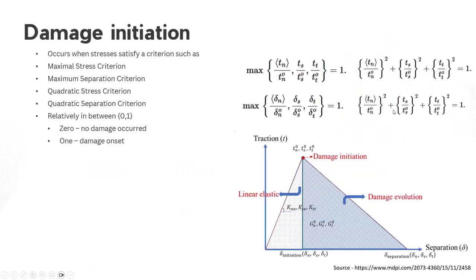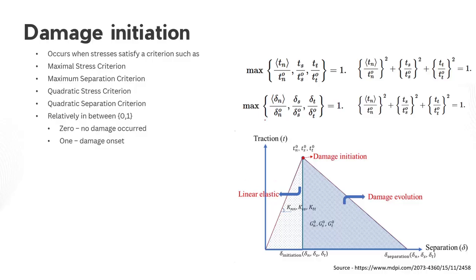So how do we identify that the damage will initiate? There are options or criteria that can be utilized. There are four very well-known criteria that are used in the engineering community: maximum stress criterion, quadratic stress criterion, maximum separation criterion, or quadratic separation criterion.